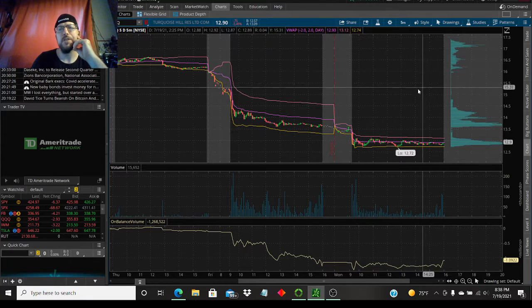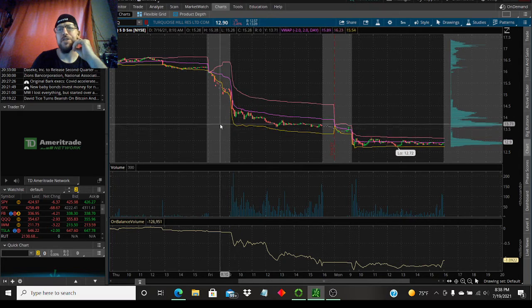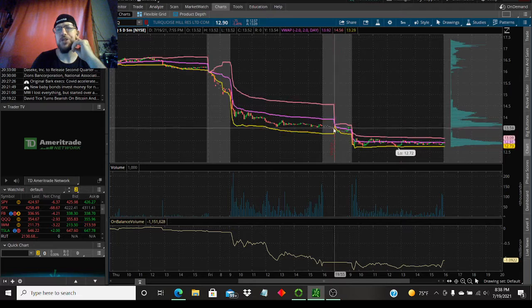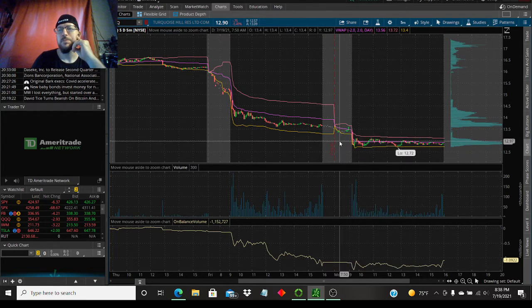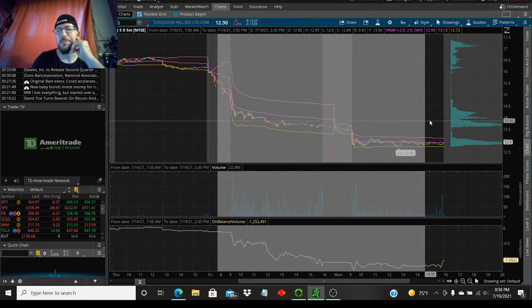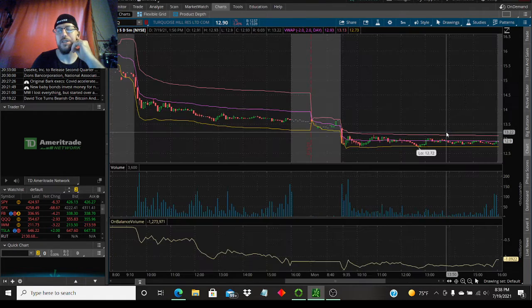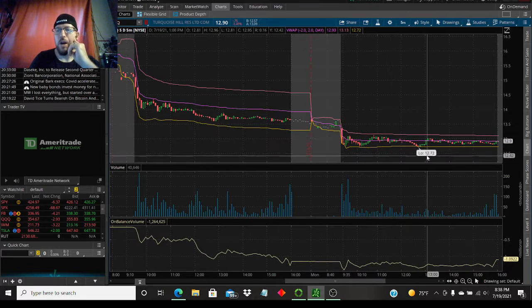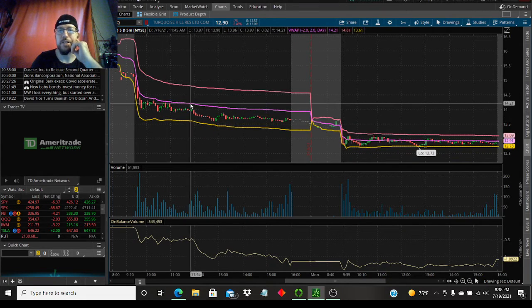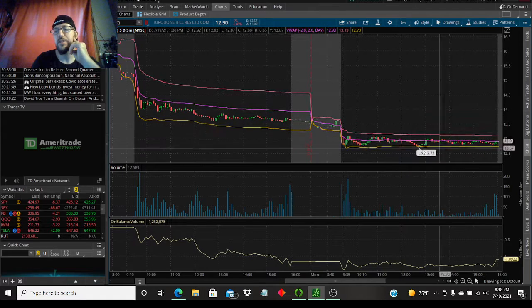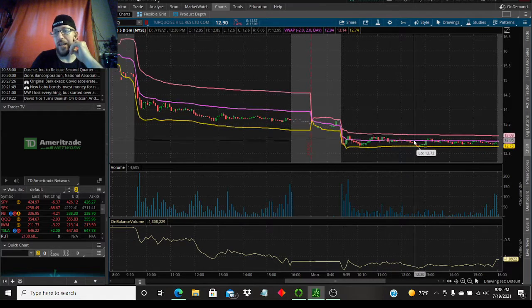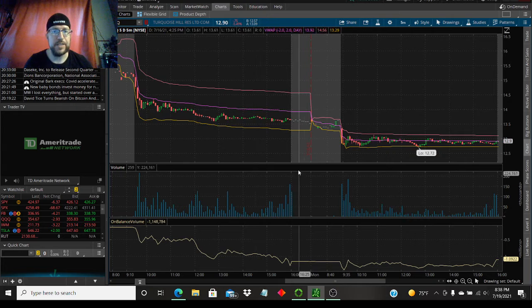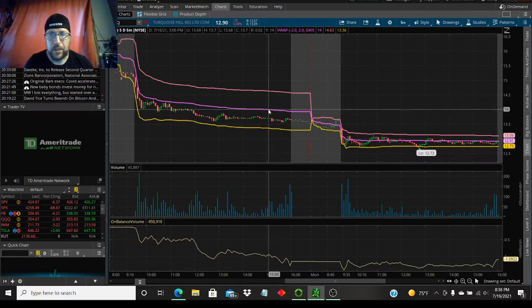It seems like whenever I get into shorts, or if I short a stock, let's say like this stock I traded earlier today, whenever the VWAP isn't steadily going down, or if it's flatlining, the VWAP is this middle pink line right here.